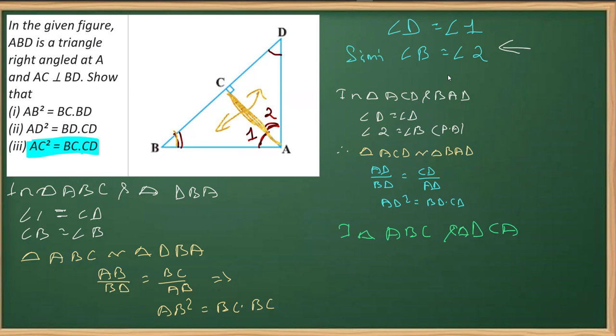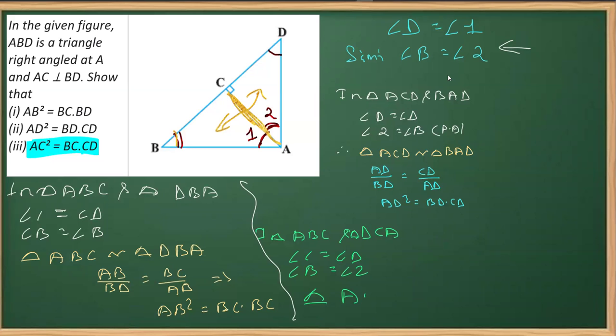Now look into this triangle. First of all, we have angle 1. Angle 1 of this triangle is equal to angle 1 of triangle ABC, which is equal to angle D, and similarly, angle B of this triangle is equal to angle 2. So here too, we prove the two triangles similar. Once we prove the two triangles similar, we can write their correspondence.